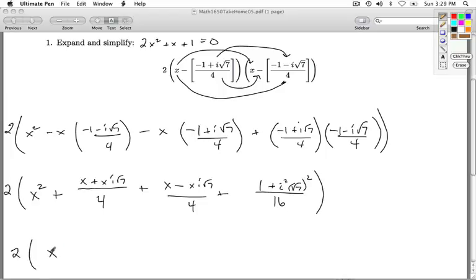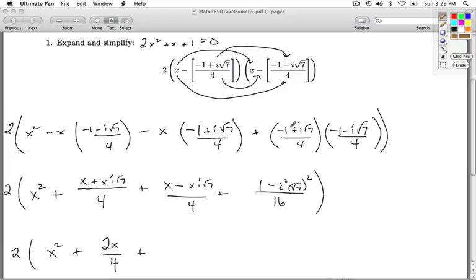So 2 times x squared plus, these have a common denominator, so I can go ahead and add their numerators. I've got x plus x is 2x, xi radical 7 minus xi radical 7 cancel. That gives me 2x over 4 plus I have this is a minus.